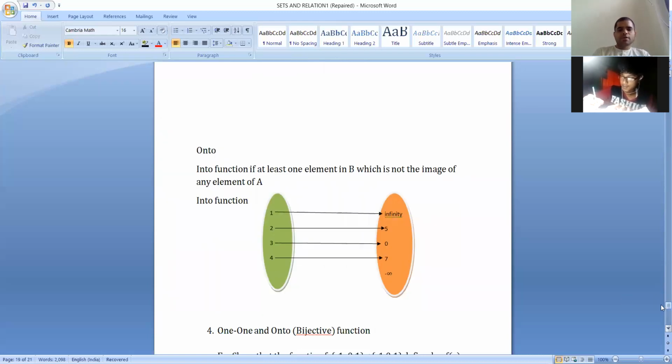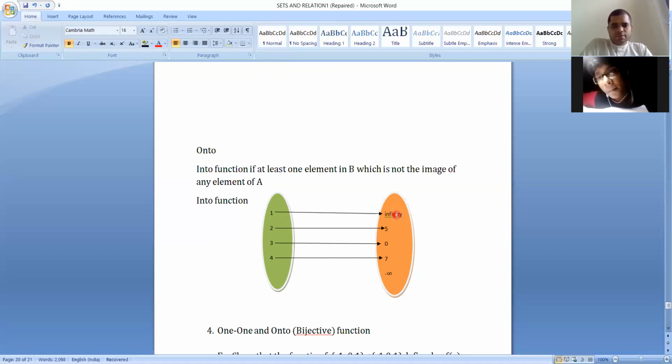So if you are asked to prove that a function is not onto, give an example of any one element in set B which does not have a pre-image, and then you have a proof that the function is not onto. So this minus infinity does not have a pre-image.